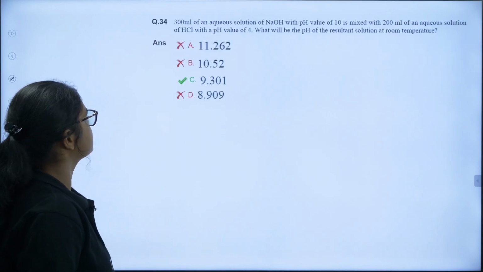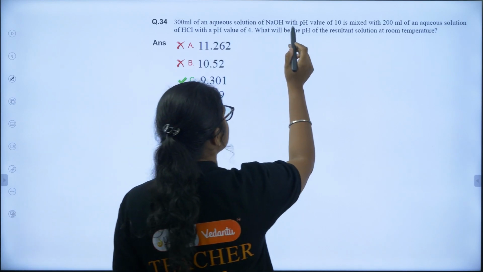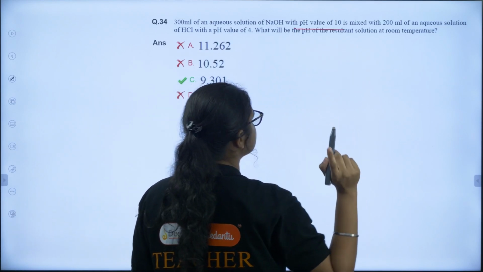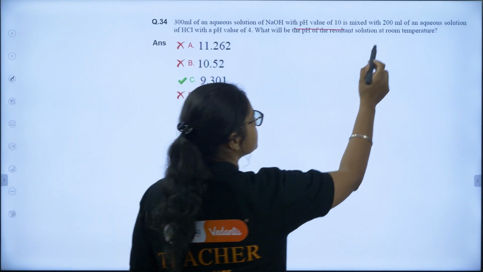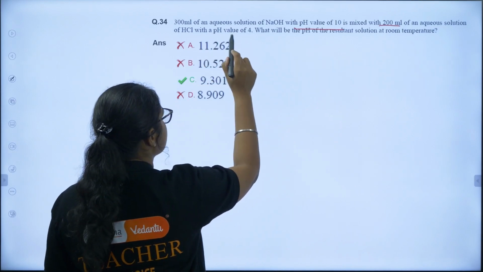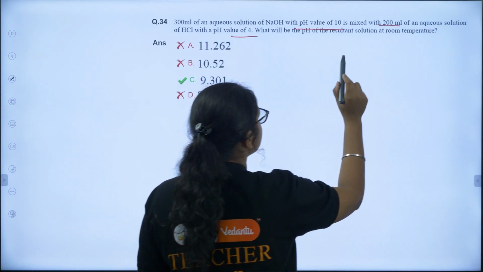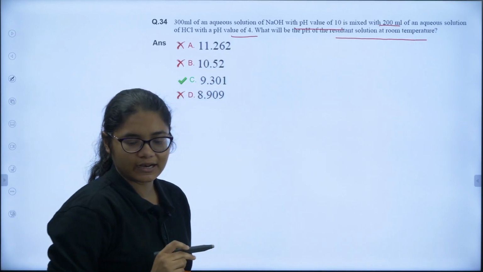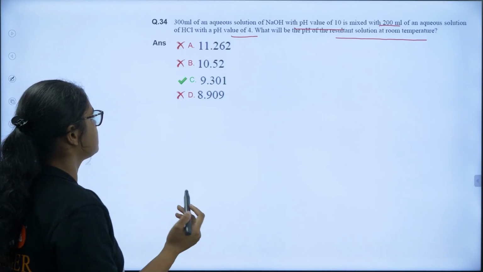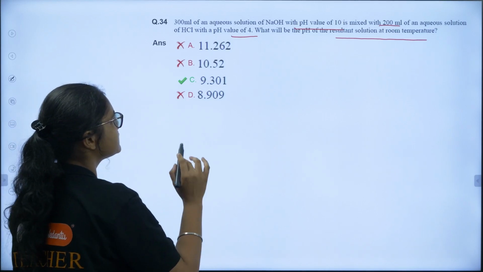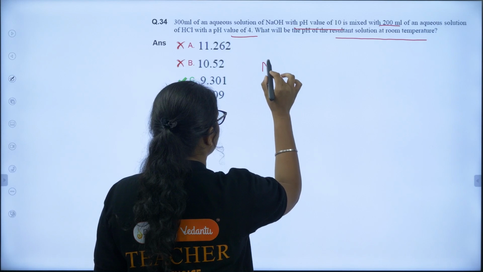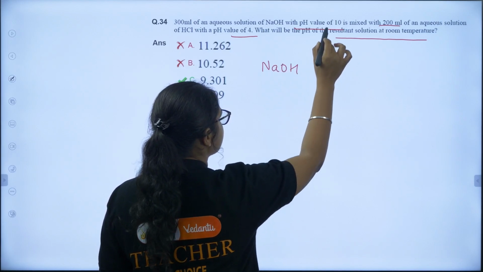Okay, now let us see the next question. 300 ml of an aqueous solution of NaOH with a pH value of 10 is mixed with 200 ml of an aqueous solution of HCl with a pH value of 4. Then what will be the pH value of the resultant solution at room temperature? Okay, this question is from ionic equilibrium, again an important question. First of all, NaOH is there, and its pH value is 10.